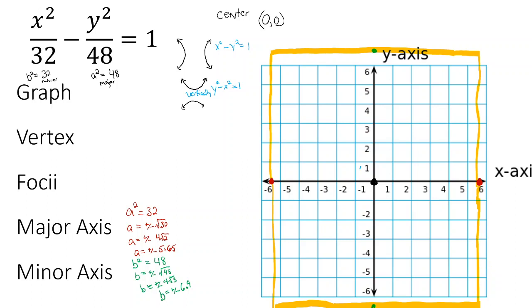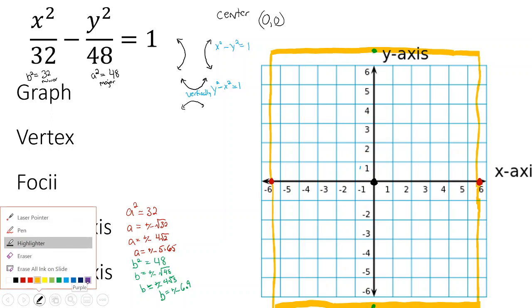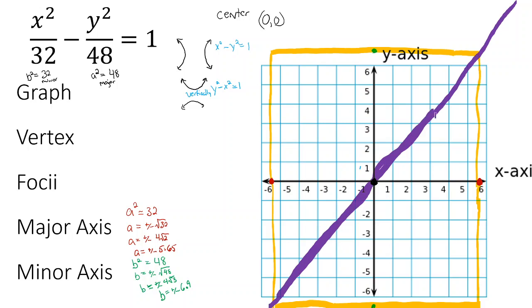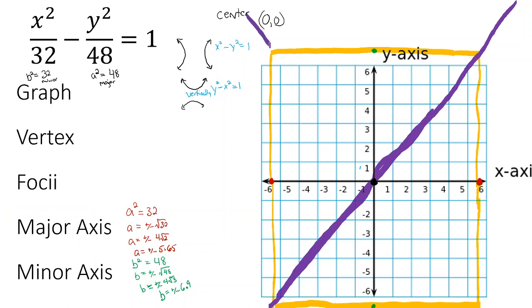Now, the next thing that happens is I have these oblique asymptotes that we can create. The oblique asymptotes go from one corner of my box through the center down through the other corner of the box. Sorry, I didn't get that straight as I ought to. And then I've got another one that's going to go straight down through there.